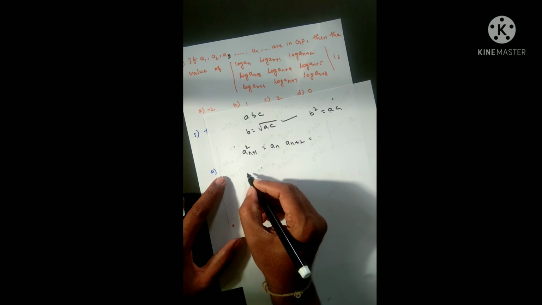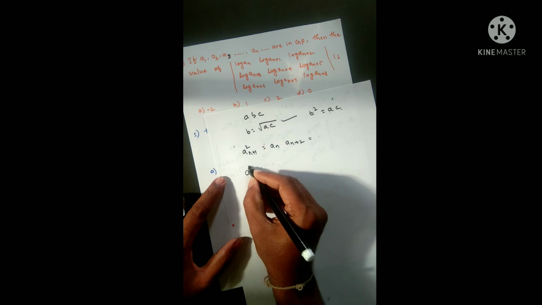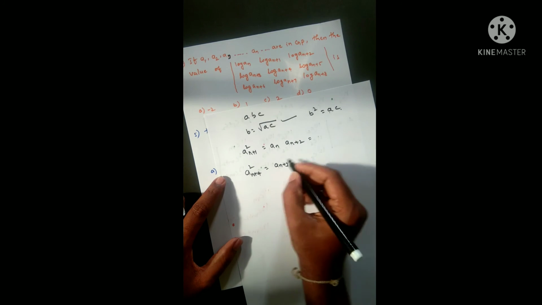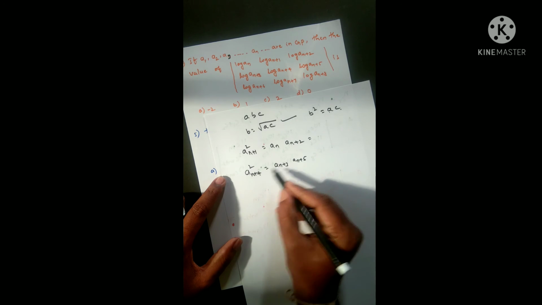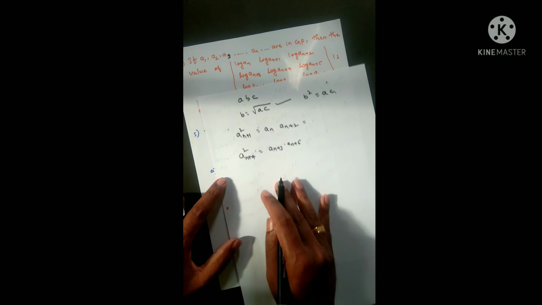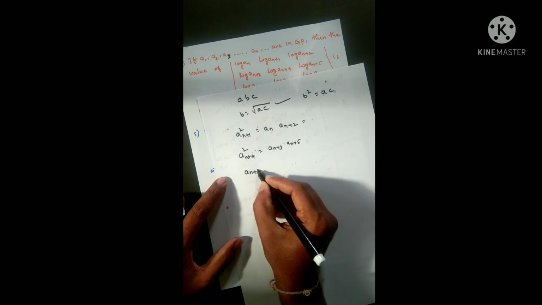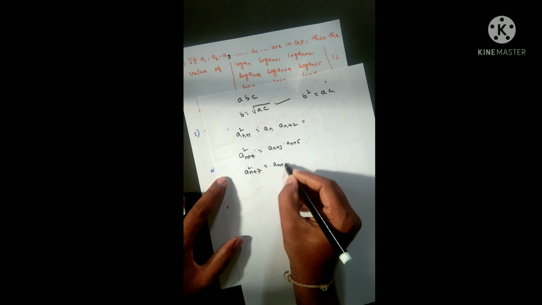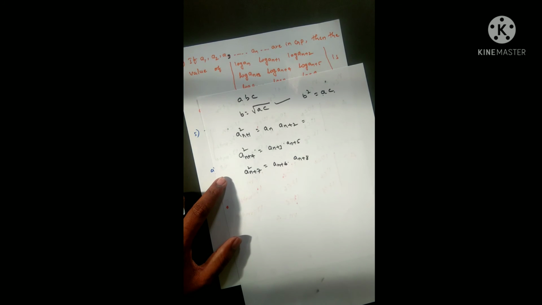Then AN plus 4 whole square is AN plus 3 into AN plus 5, the square of this middle term. Then AN plus 7 whole square is AN plus 6 into AN plus 8. Now use this property.